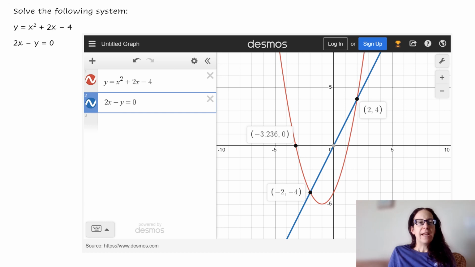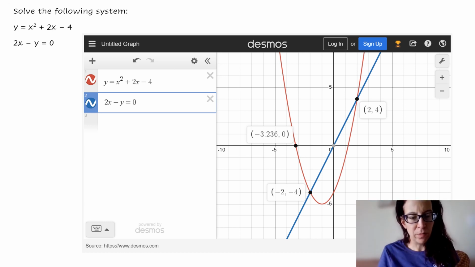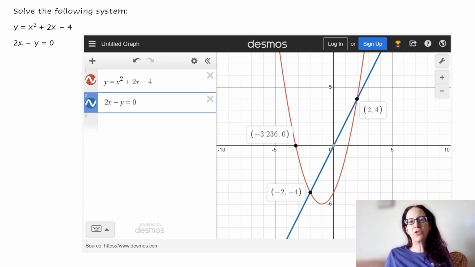The other thing is that the graph is the picture of the points that make the equation true. So when I type into Desmos that first equation, what I'm getting is a picture of all of the points that make that particular equation true, whether they're happy points, like negative 1, negative 5, or 0, negative 4, or whether they're ugly points like 1.53 and 1.401.